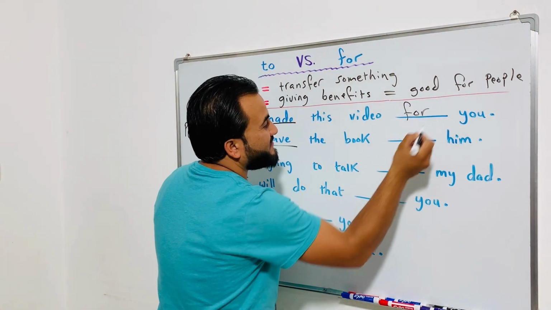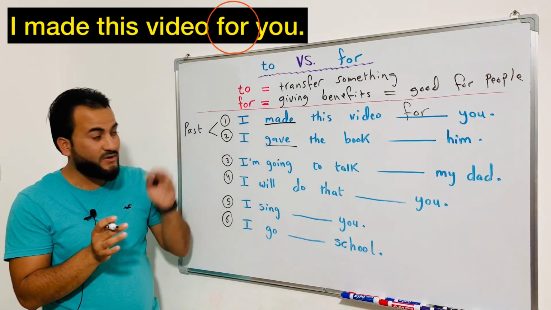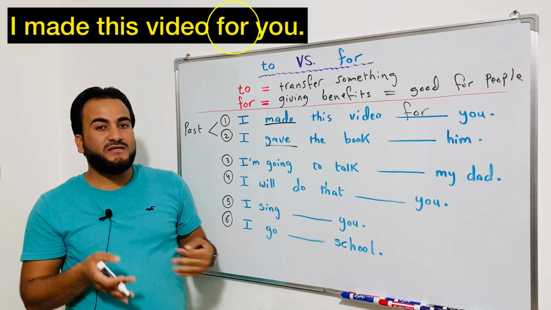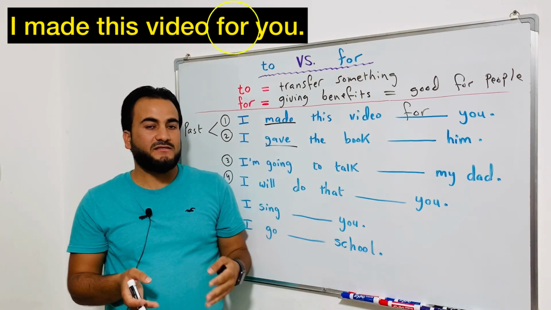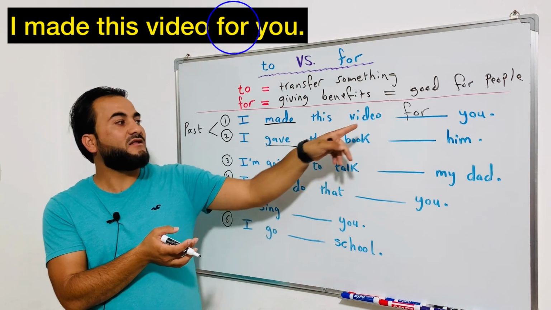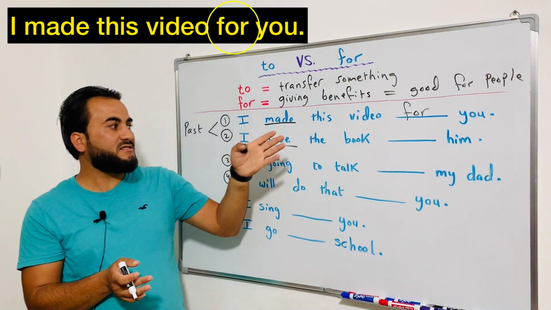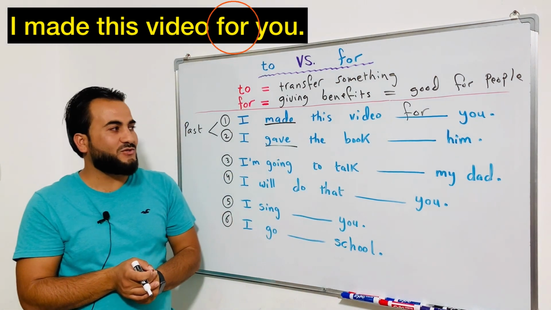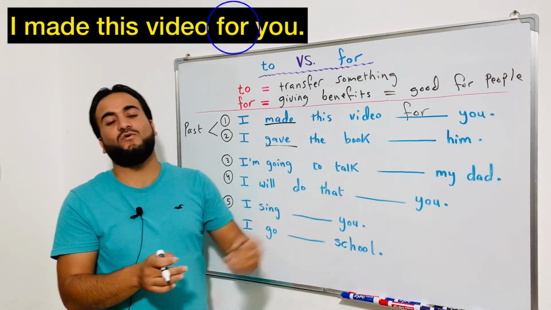For. فأنا عملت هذا الدرس أو هذا الفيديو for you. I'm giving you benefits. يعني أنا راح أخليكم تستفيدوا من هذا الدرس. إذن for you. This video is going to be good for you. So the answer is for.